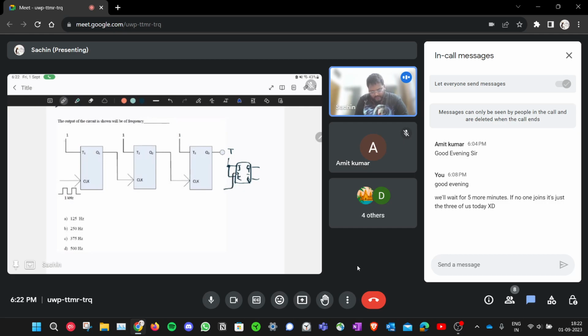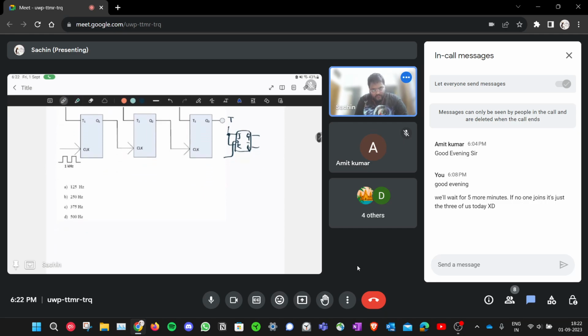Here, as you can see, all 3 T flip-flops have an input of 1. So whenever an edge occurs in the clock pulse, assuming it's edge triggered, the output of the flip-flop will toggle.